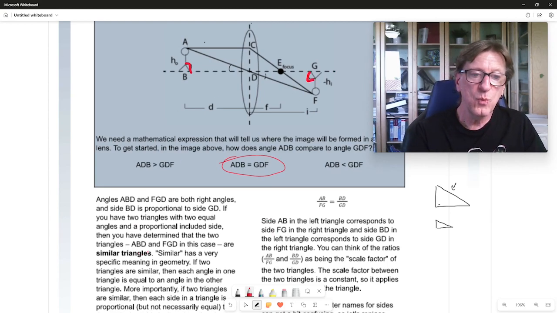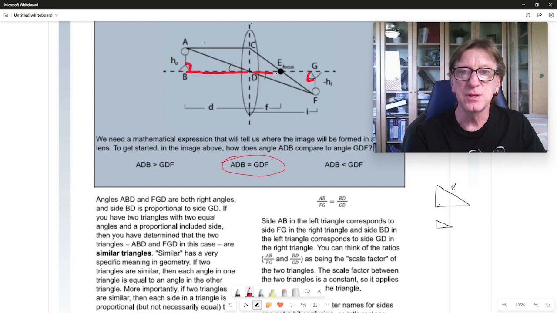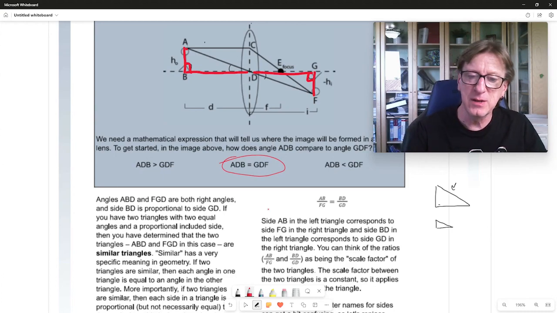And then we know that side BD, which is this side, must be proportional to this side. And we know that AB and GF must be proportional to each other. So that also satisfies the definition of similar triangles. So you can go about it any way that you want.